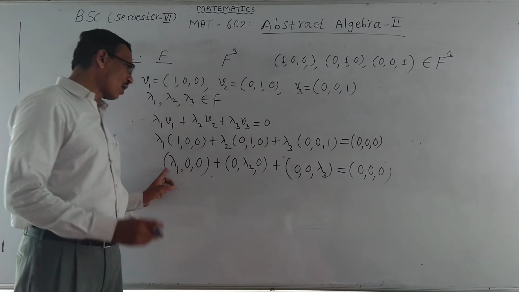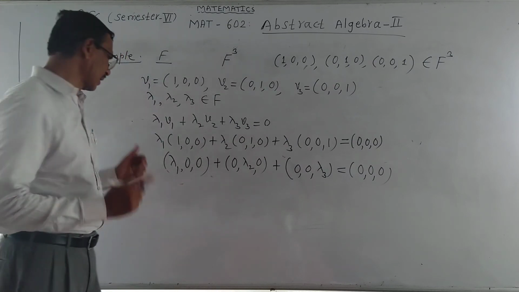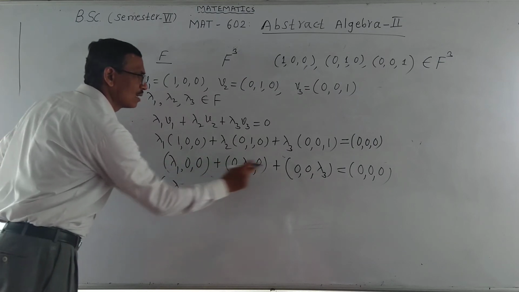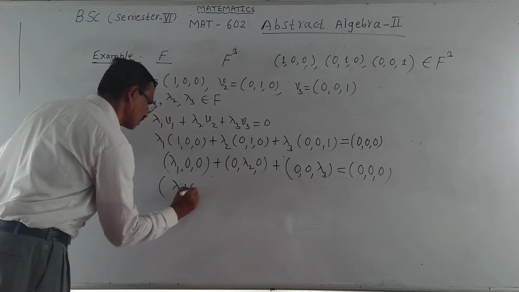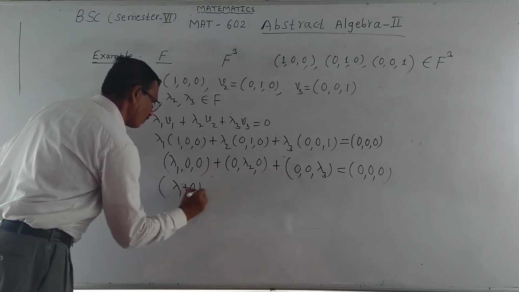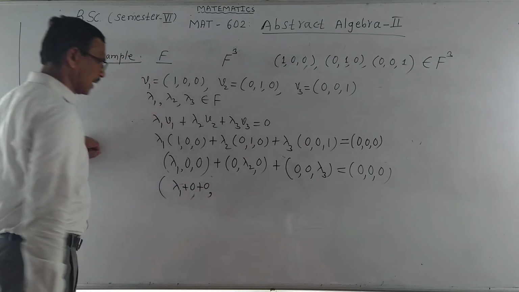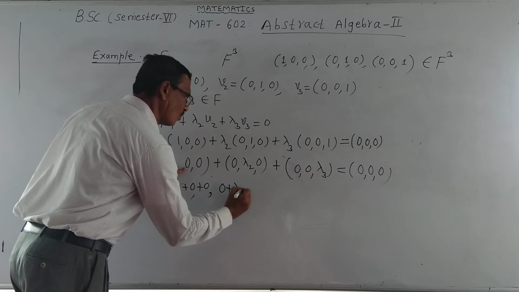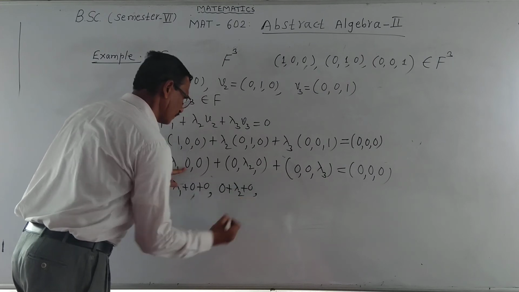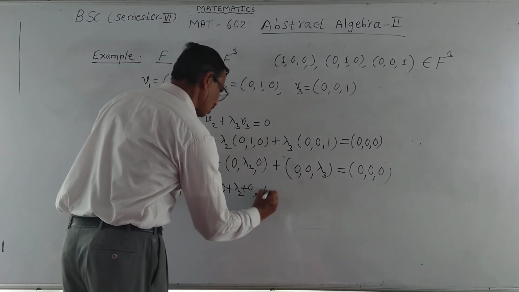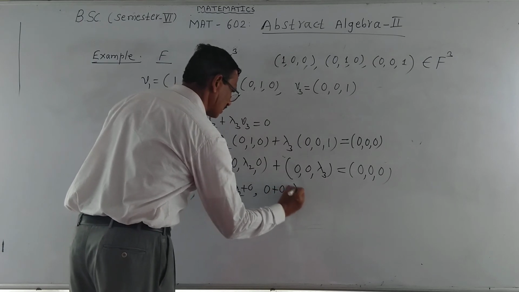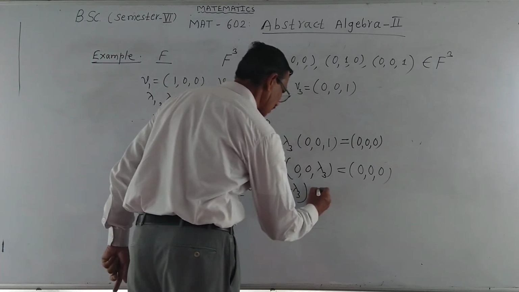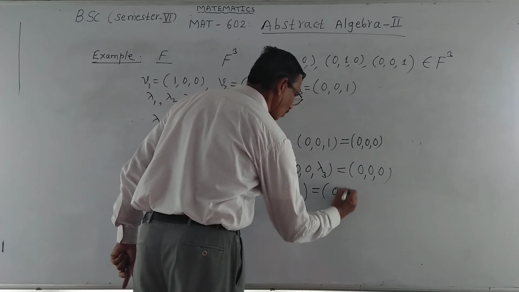Now, addition means we have to take the sum of corresponding terms. That means first term: lambda 1 plus 0 plus 0, second term: 0 plus lambda 2 plus 0, third term: 0 plus 0 plus lambda 3. Now this vector equals (0, 0, 0).